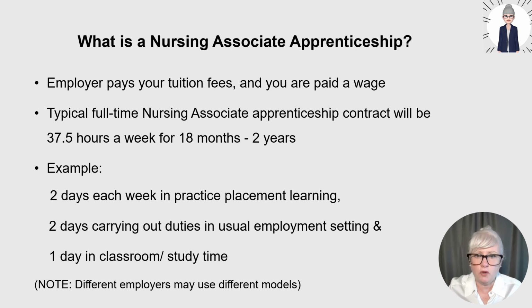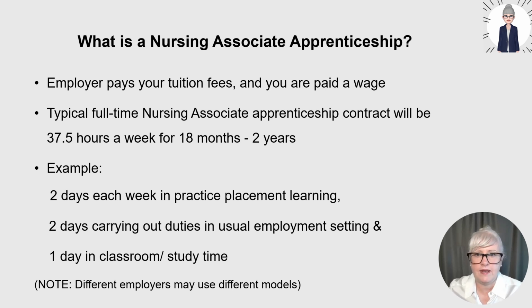So you are employed and paid a wage during your apprenticeship, and you'll have no tuition fees. So there's nothing to pay back when you complete your apprenticeship. You don't pay tuition fees or training fees, as the apprenticeship costs are covered by the employer in 2023. You'll be earning while you're learning, sometimes called on-the-job learning. And the wages that you have at the end of the month are yours.